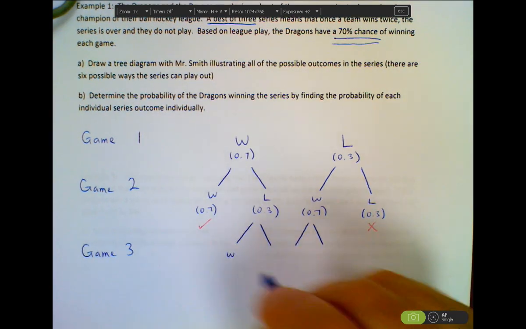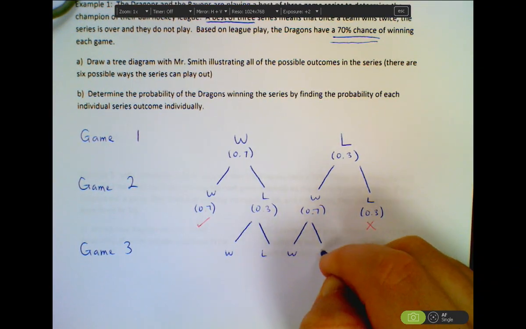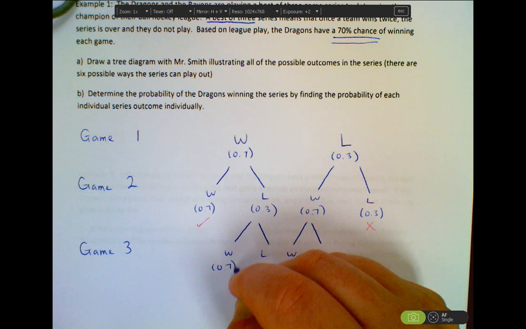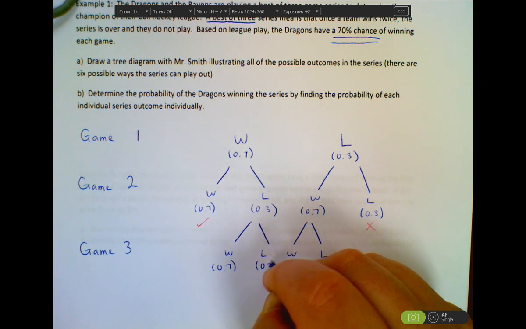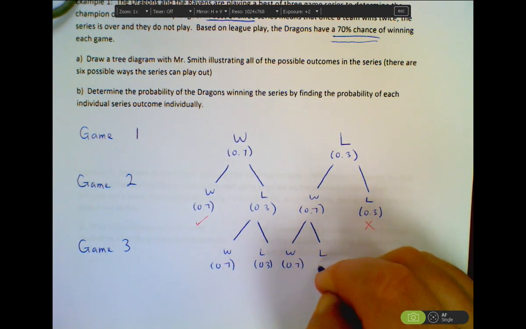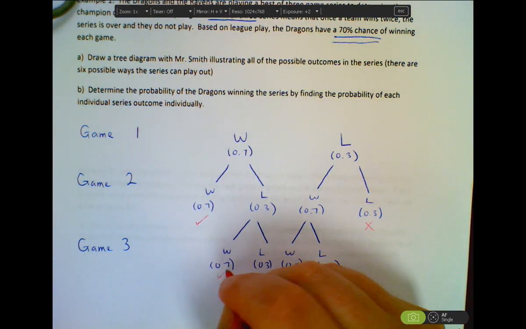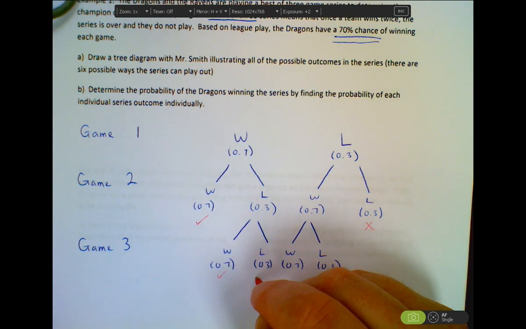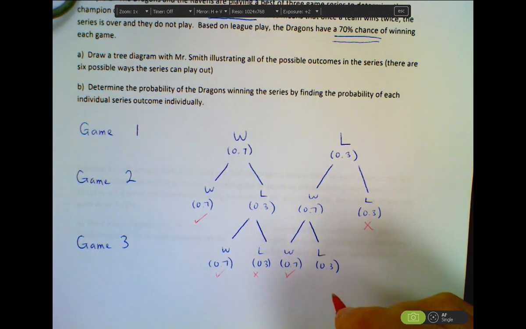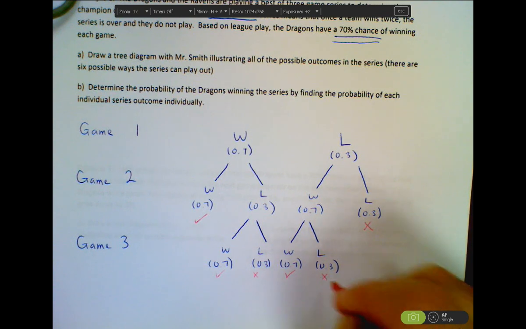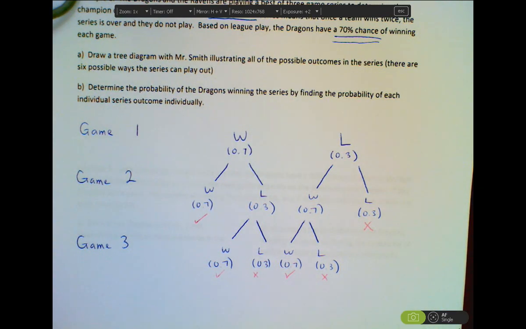From there, we can win or lose, 0.7, 0.3, 0.7, 0.3. That branch results in them winning, that one losing, this branch results in them winning, and this one losing. So with this question, there are 6 possible ways the series can play out.